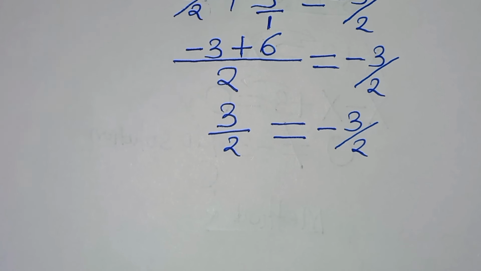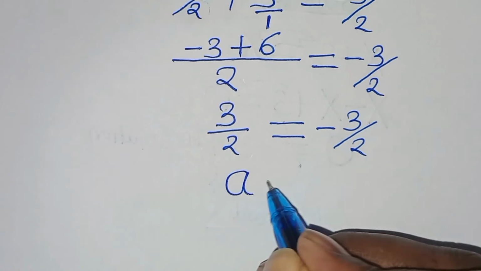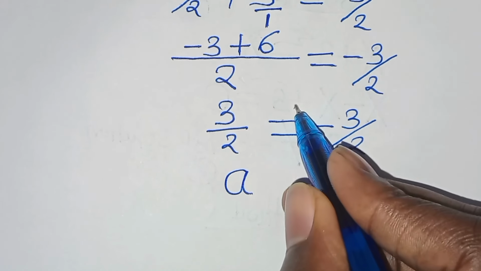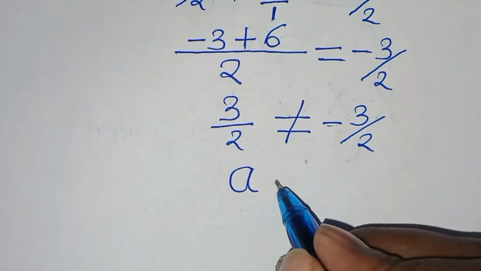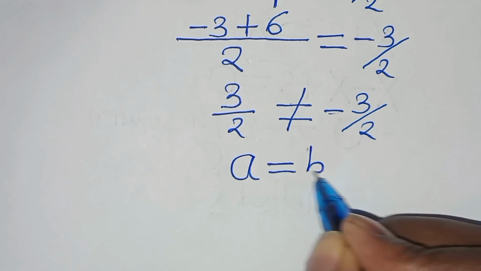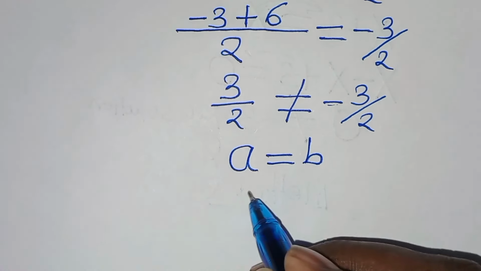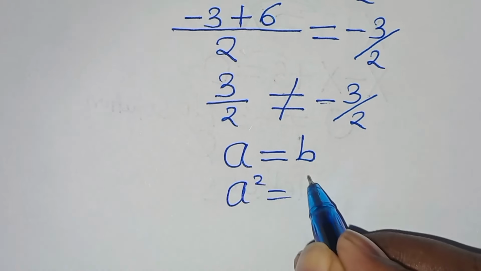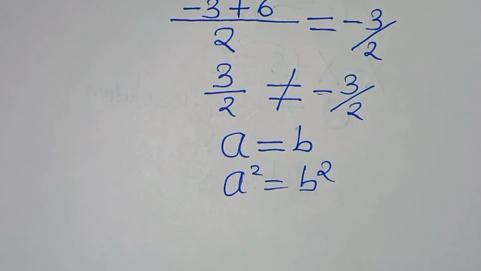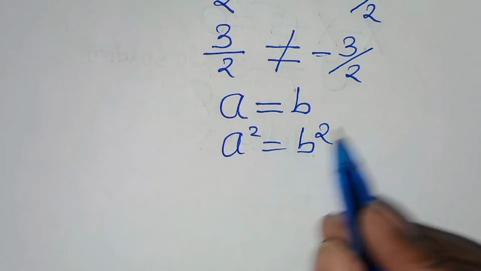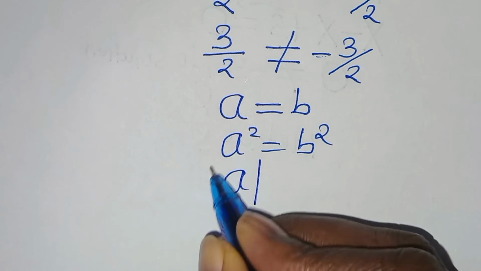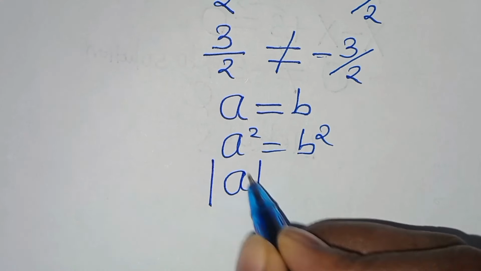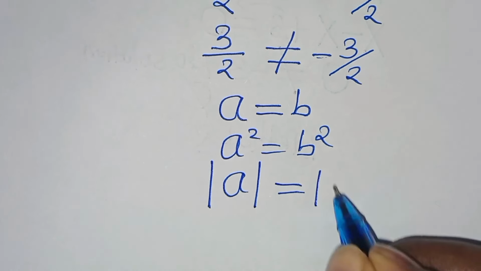Now, remember 3 over 2 is not equal to minus 3 over 2. But if you have a equal to b, this implies that a squared is also equal to b squared. And this implies that if we introduce the magnitude, or rather the modulus, the magnitude of a is equal to the magnitude of b.